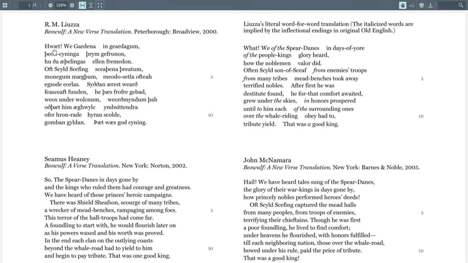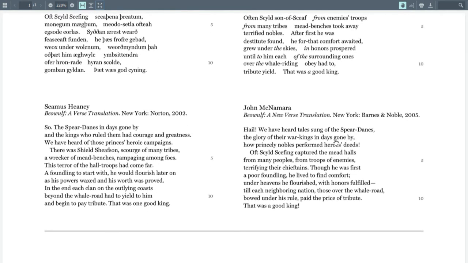So you get a sense of the original sounding. This one even incorporated the idea of the caesuras in every line as well. Again, that's a mnemonic device. And you can see subtle changes between the texts.